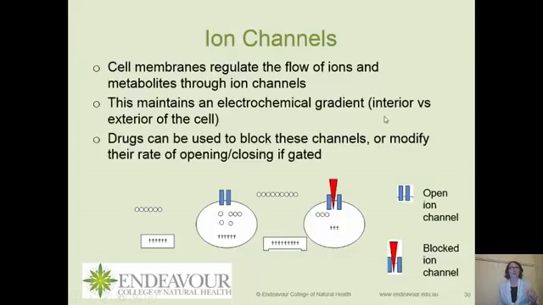So we want to maintain a particular gradient, a concentration of that ion inside the cell and outside the cell. Some of the very important electrically active tissues of the body might have these important ion channels for sodium, where you want to control its concentrations.